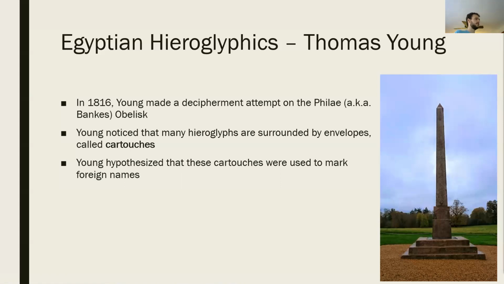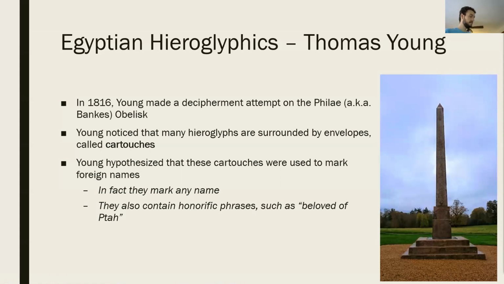Now, initially, he assumed that they were used to mark foreign names, but in fact, we know that they are actually used to mark any name, and we know this as the decipherment of Egyptian hieroglyphs has progressed. And we also know now that there are extra factors in the cartouche besides the name, as we talked about in the video, that there are some kind of honorific phrases in the cartouche as well.